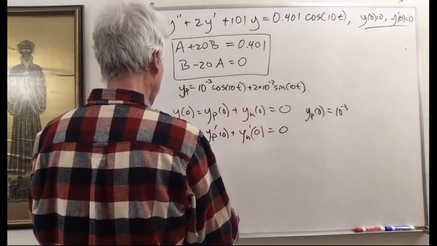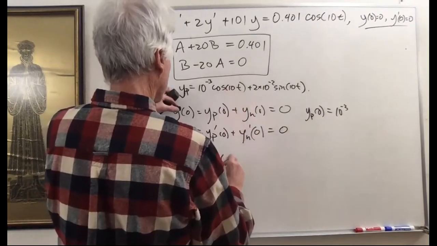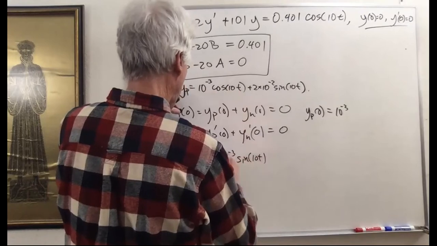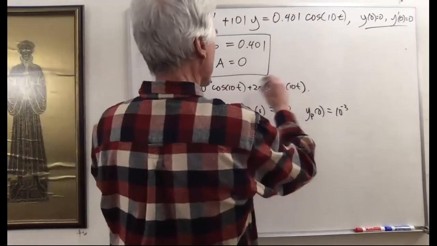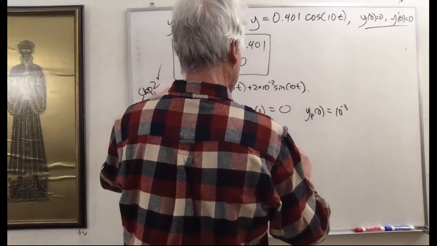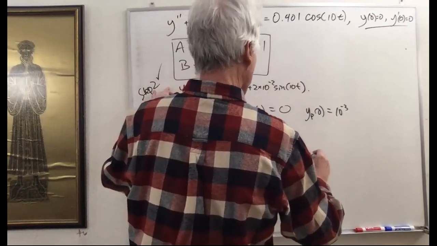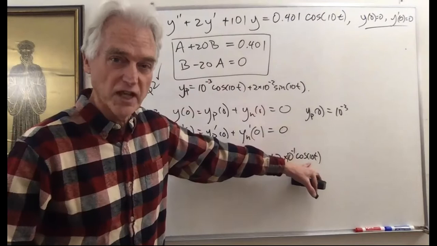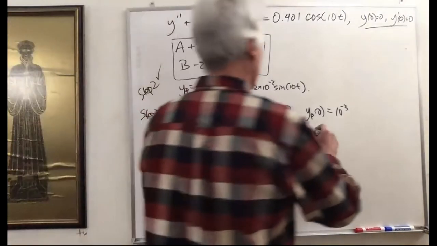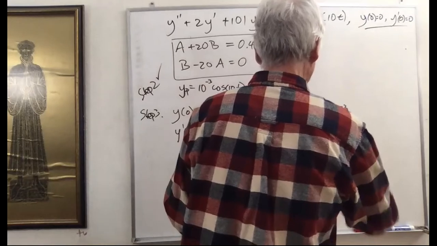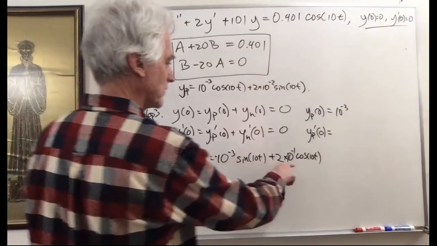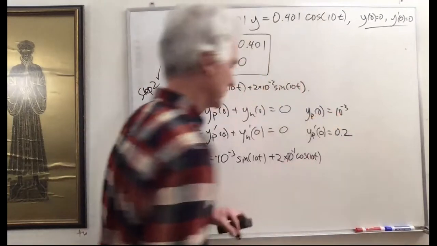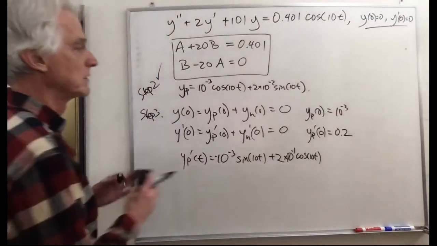Yp prime of anything is minus 10 times 10 to the minus 3 times sine of 10t, plus 2 times 10 to the minus 1 times cos 10t. So I use the derivative of sine as cosine, and the factor of 10 from the chain rule. So now I can get yp prime of 0. Sine of 0 is 0, cos 0 is 1, so I just get 0.2, 2 times 10 to the minus 1.